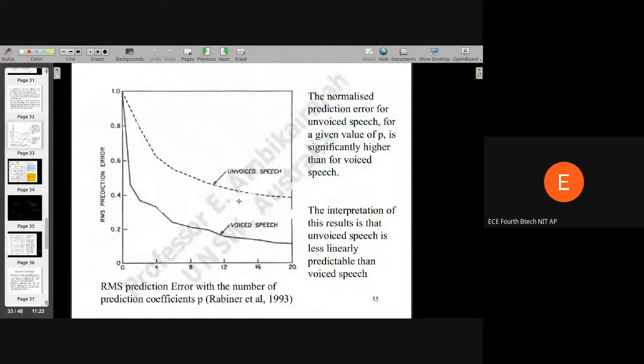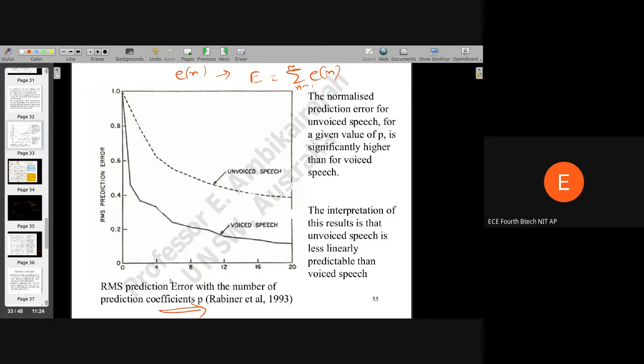Now another thing. We got the error signal at every point after LP analysis. Obviously, what is the RMS or mean square error? E equal to the sum over all the points, n equal to 1 to N. Now if you plot this average error for that segment as a function of the number of LP coefficients, you will find in general the error decreases.